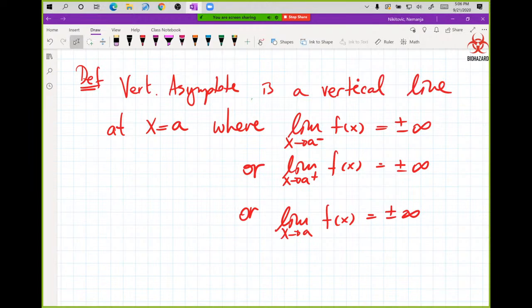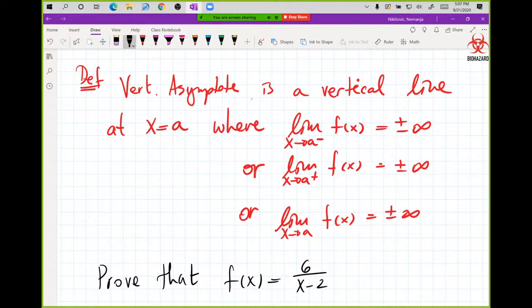If the problem says, prove that f of x equals 6 over x minus 2 has a vertical asymptote at x equals 2, you hopefully see that the answer, that the vertical asymptote is at 2, is already in the statement of the problem. The function is in the statement of the problem.